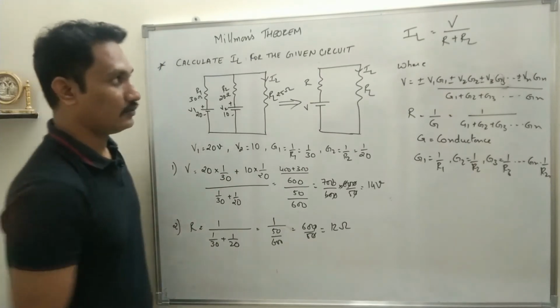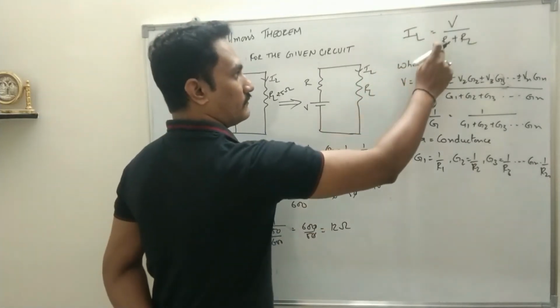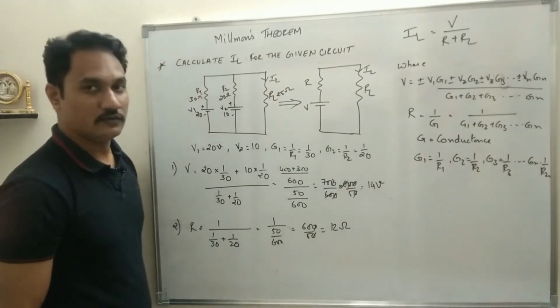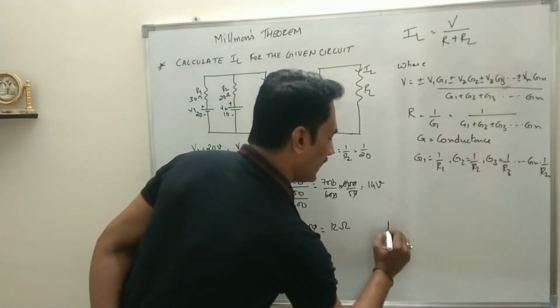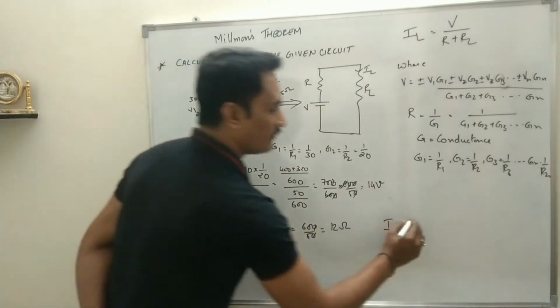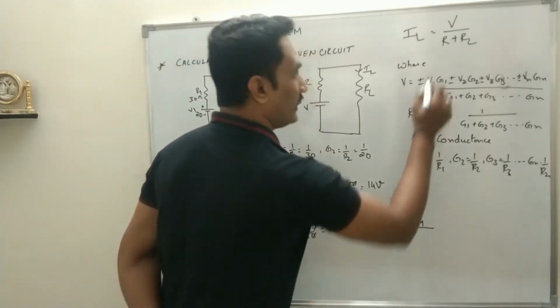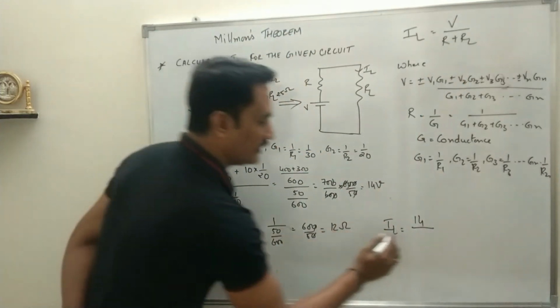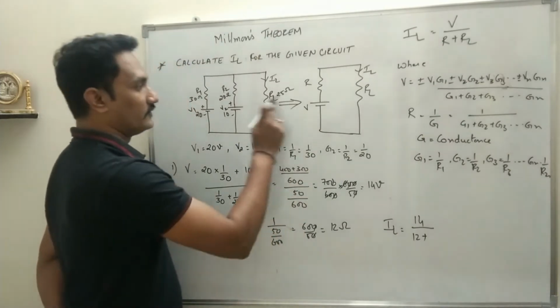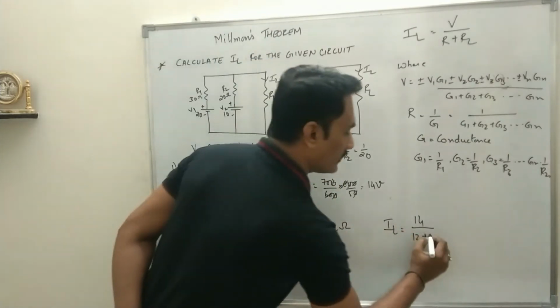So now we have calculated V, calculated R, we know the value of RL, we have to just substitute the value and get the answer. So what will be IL? IL is, what is the value of V? 14 divided by R, we have calculated 12, plus RL, RL was given as 25.